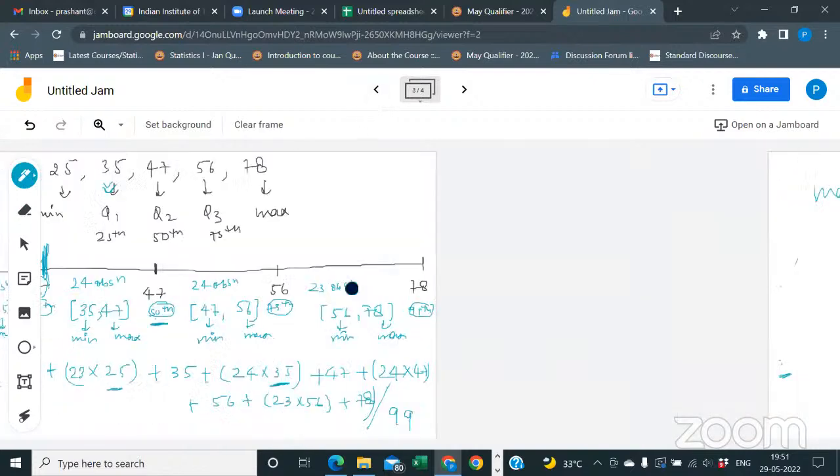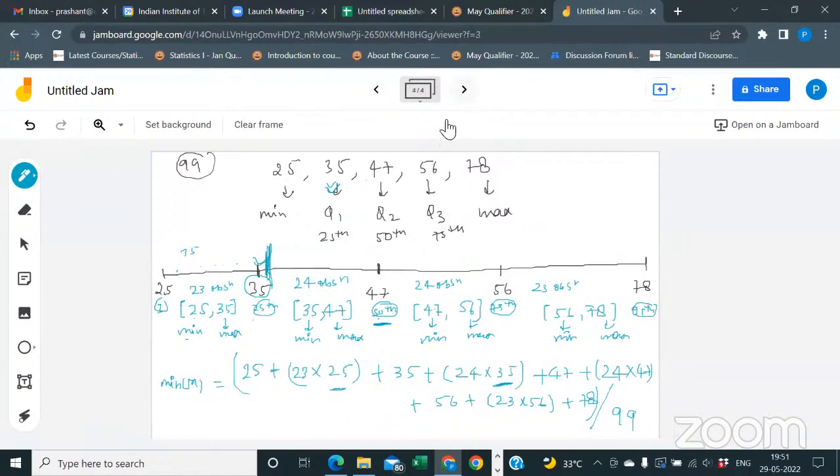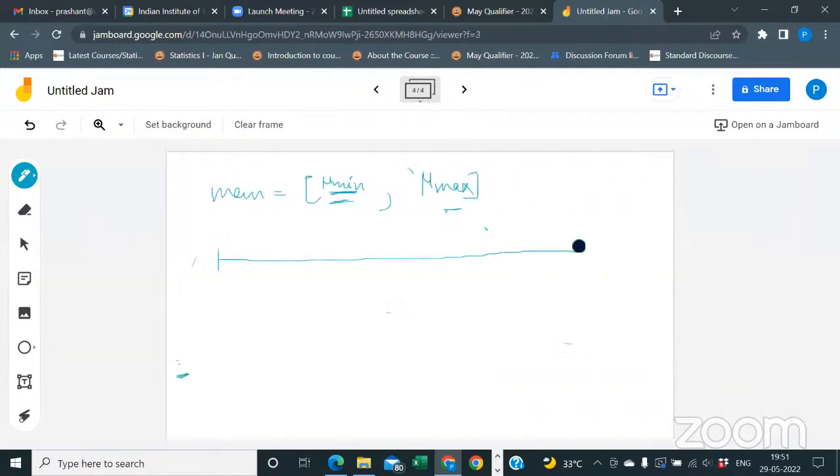See, second is 35 to 47. This is the 25th, this is the 50th. So I said there are 23 values between these two, right?